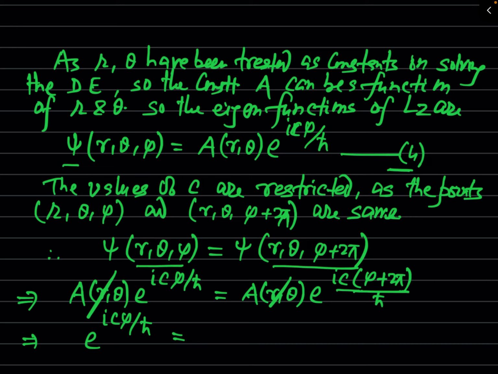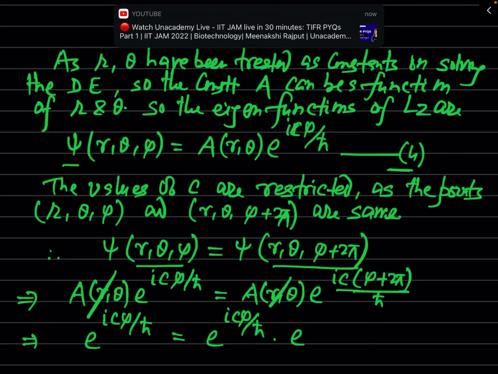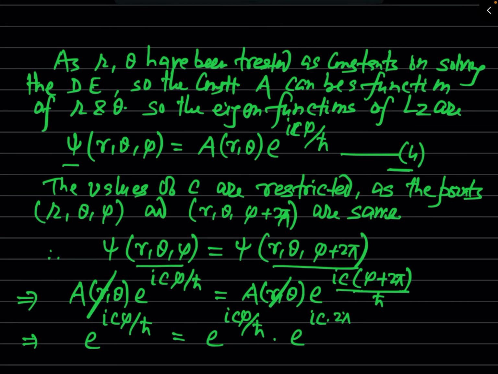This is equal to, now the RHS can be written like this: e raised to the power i c phi by h bar times e raised to the power i c times 2 pi over h bar.